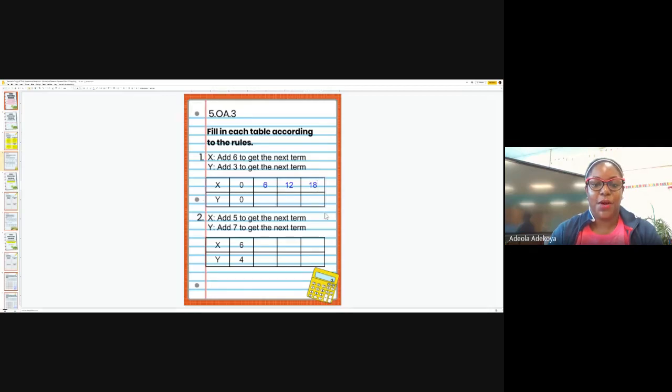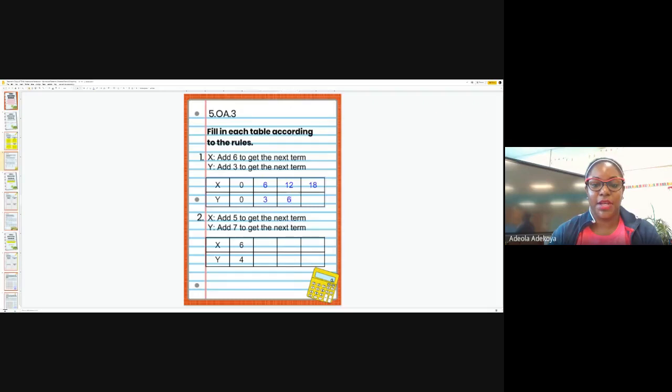For the y, the rule says add 3 to get to the next term. It's starting at 0, so all I'm doing is adding 3 to the previous number. So I'll add 3 to here, and that's going to give me 3. Then I'm going to add 3 to my previous number, and it will give me 6.